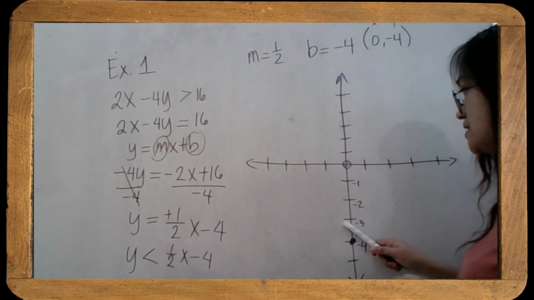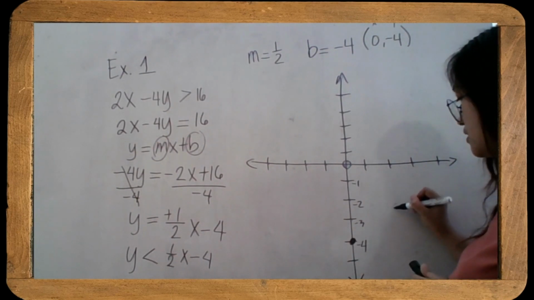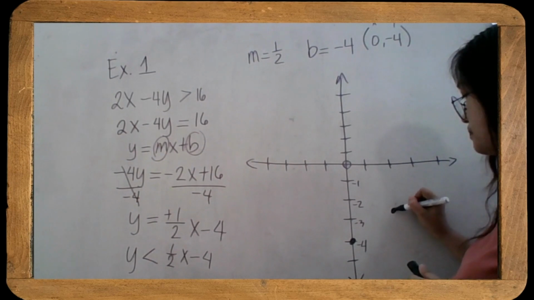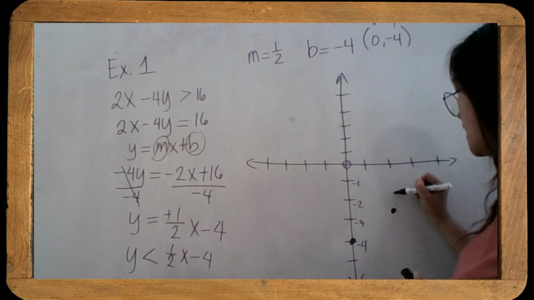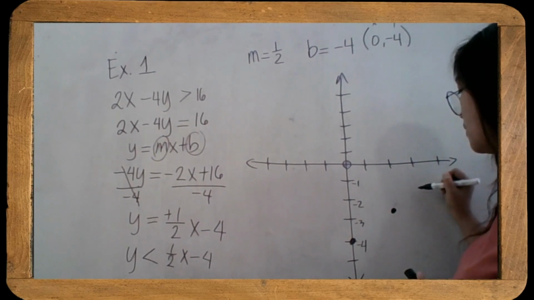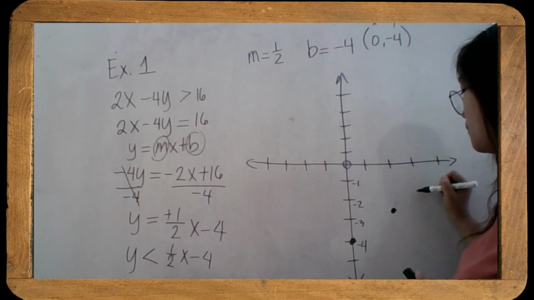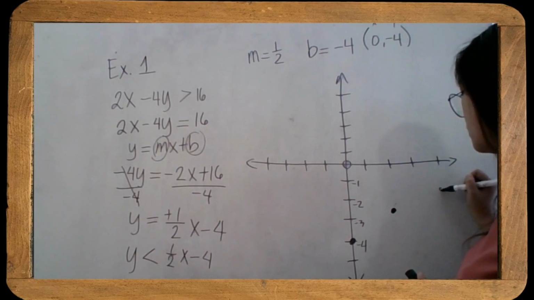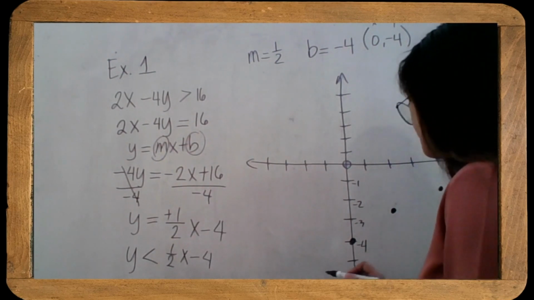So, rise ng isa, move sa right ng dalawa. 1, 2. That means, nandito ang other point. Another one, taas ulit ng isa, move sa right ng dalawa. So, taas ng isa, move sa right ng dalawa. 1, 2. Okay? And then, plot natin.